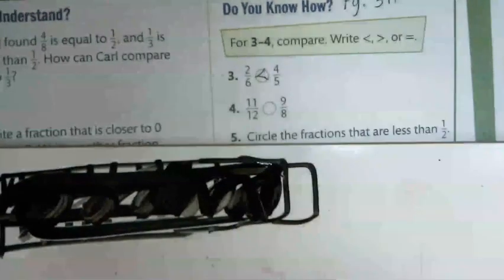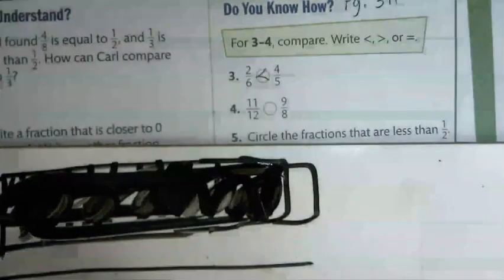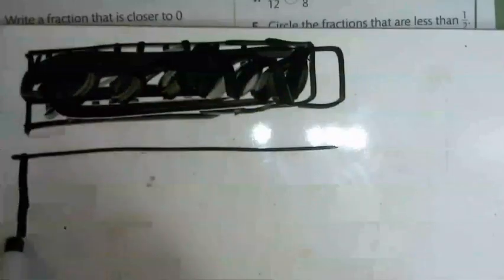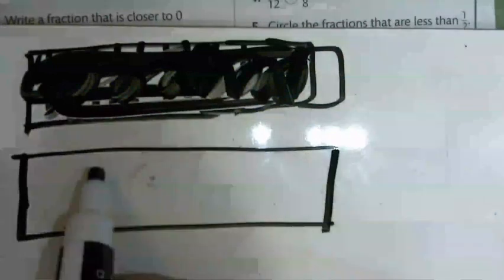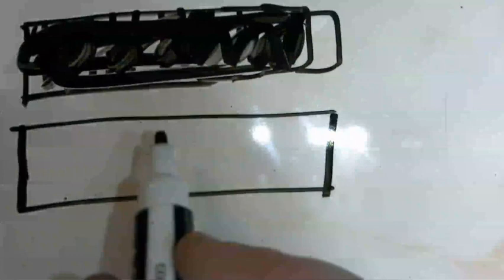But check out this next one. It says that I have 9/8. Check out what that means. So 9/8. If I cut this into eighths, 1, 2, 3, 4, 5, 6, 7, 8.